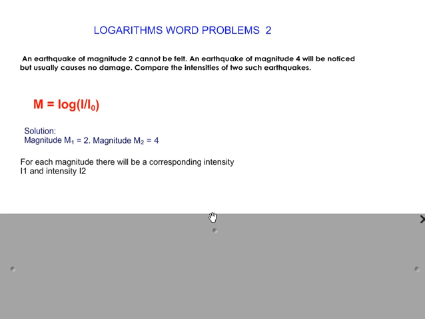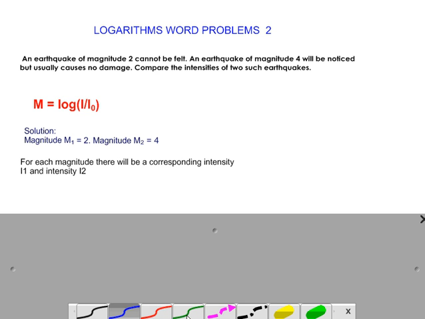So magnitude 1 has a value of 2, magnitude 2 has a value of 4, and each corresponding intensity will be called I1 and I2, using the same formula twice. So this is what I mean by that. Let me put a pen here.